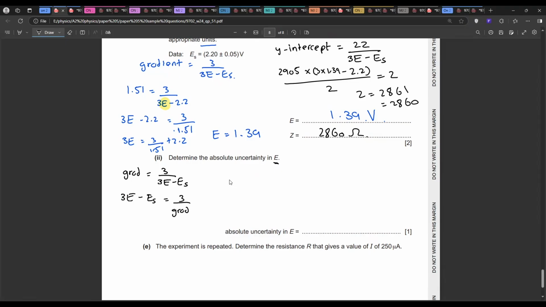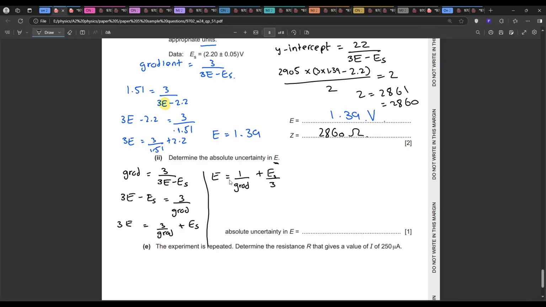Perfect. Let's bring it to the other side. 3E is equal to 3 divided by gradient plus ES. Perfect. Divide 3 to the other side. What will happen? E is equal to 1 over gradient plus ES over 3.